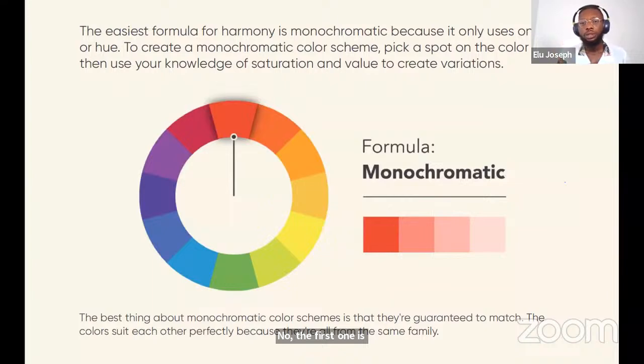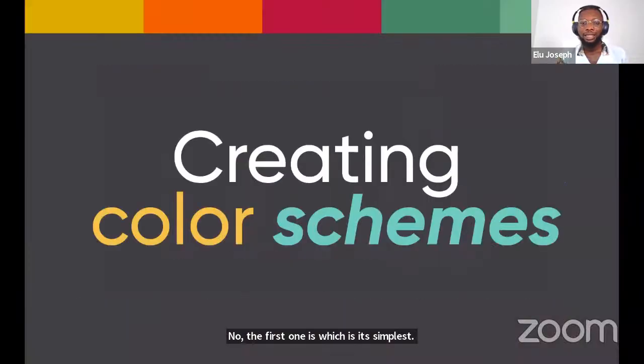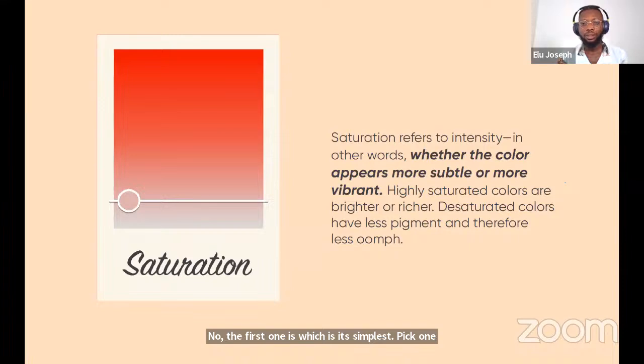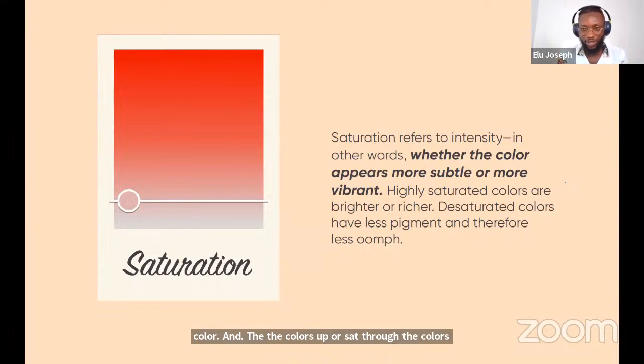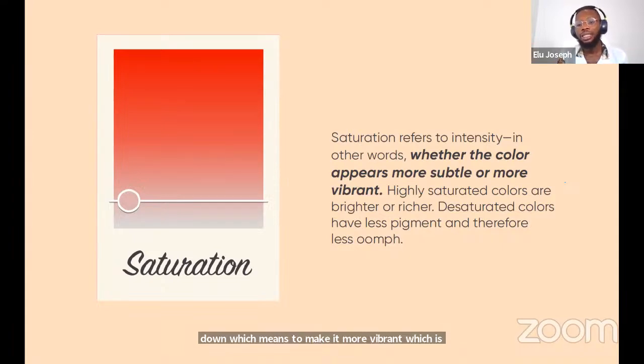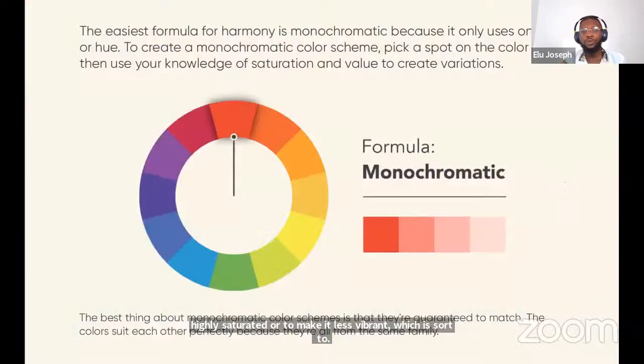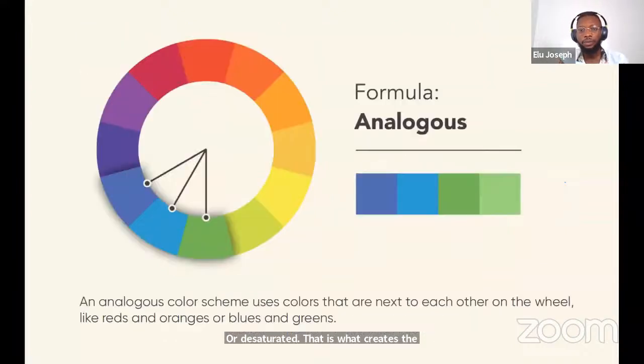Pick one color and either saturate the colors up, or saturate the colors down, which means to make it more vibrant, which is highly saturated, or to make it less vibrant, which is subtle or desaturated. That is what creates the monochromatic color scheme, right?